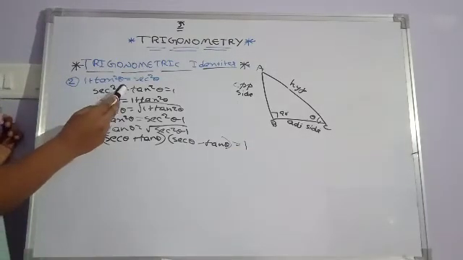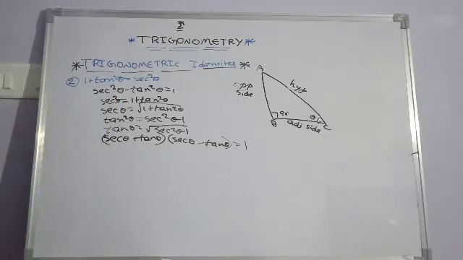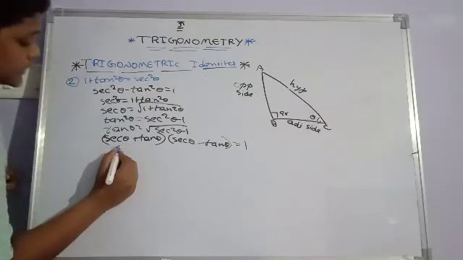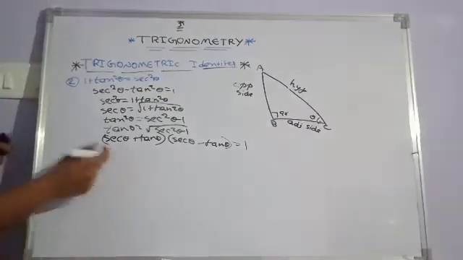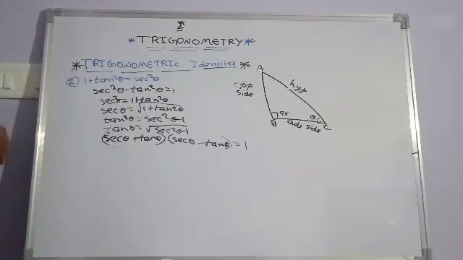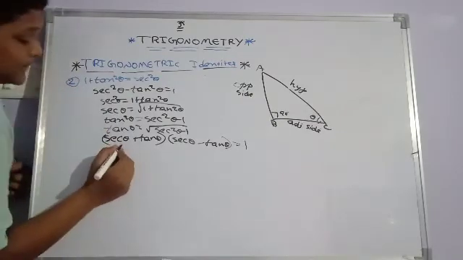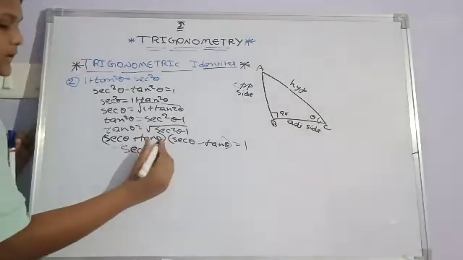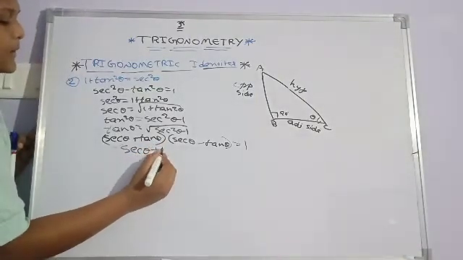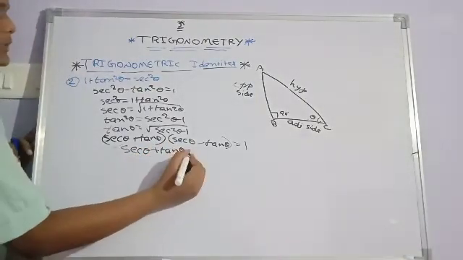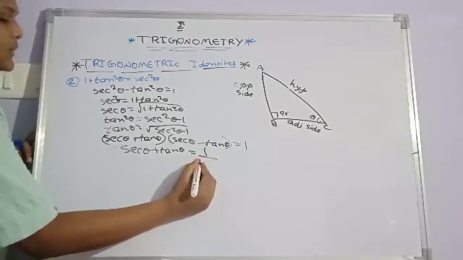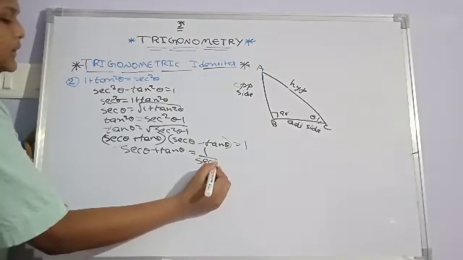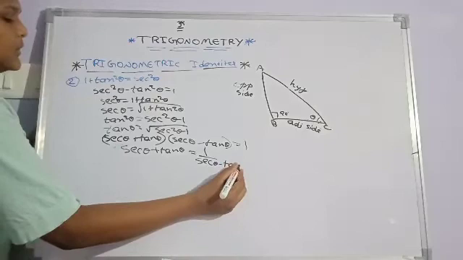A square minus b square is equals to a plus b into a minus b. You all know that. Secant theta plus tan theta is equals to 1 by secant theta minus tan theta.